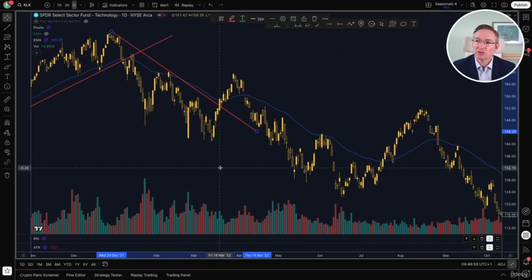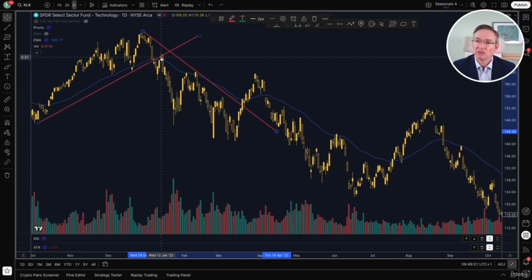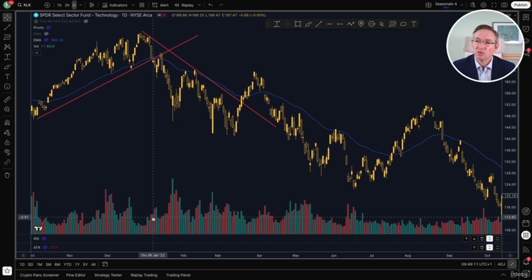Don't forget to use volume studies as well, so you can see, okay, is there a trend line break on volume? So you can see here, trend line break on a little bit of rising volume. See how price is moving up, volume's increasing as it breaks. So don't forget your volume studies, see earlier lessons.